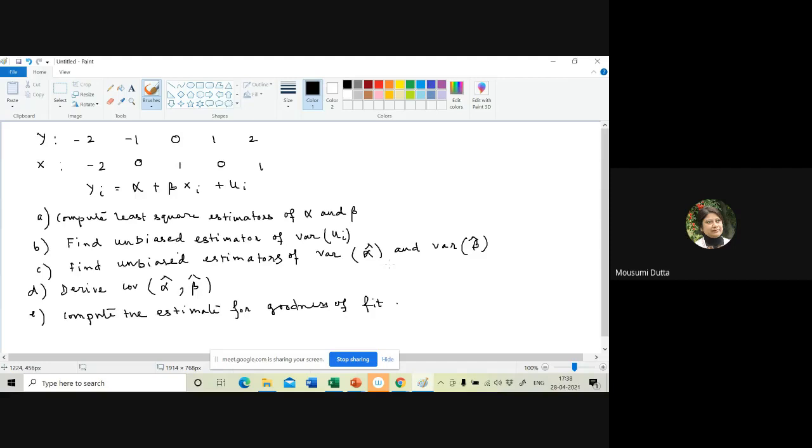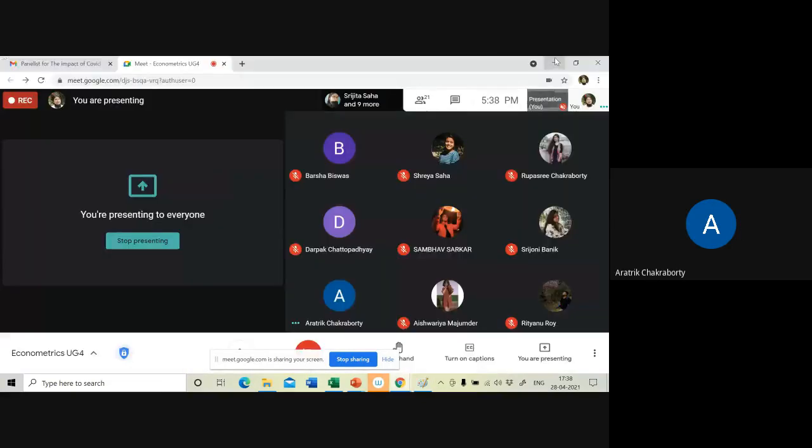Looking at the data, can you tell me how you will start to process the first question, question number A? Anyone, can you tell me what is the formula for alpha hat and beta hat? First we are addressing question number A. What is the formula for alpha hat? It's y bar minus beta hat x bar. So Arachek is telling it is y bar minus beta hat x bar.